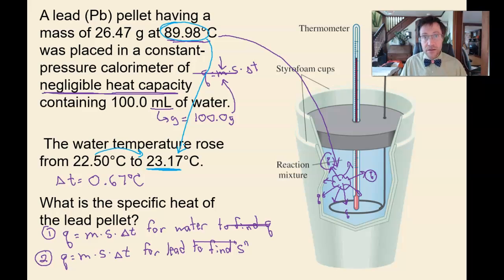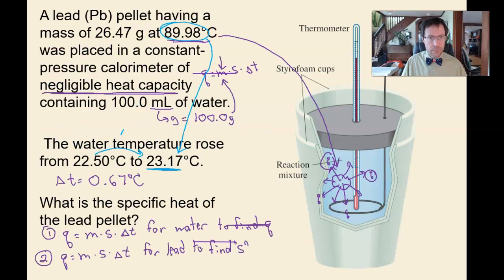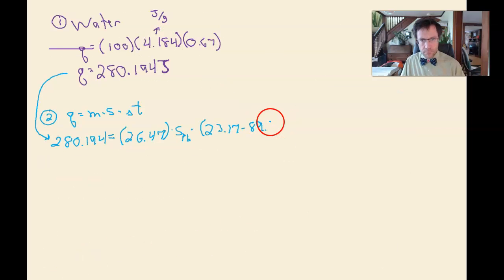So it's going to be final minus initial: 23.17 minus 89.98.